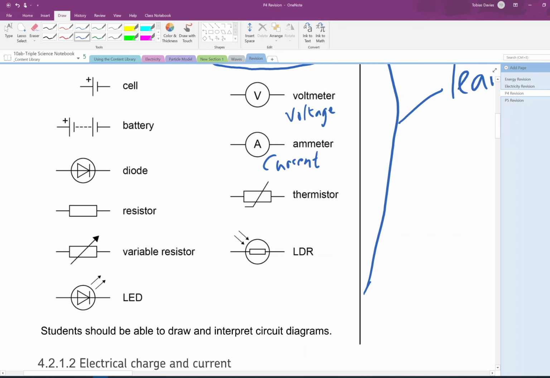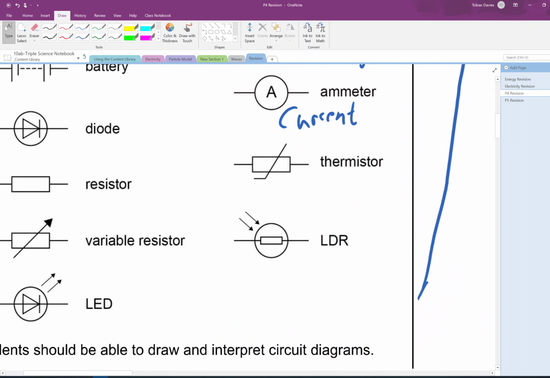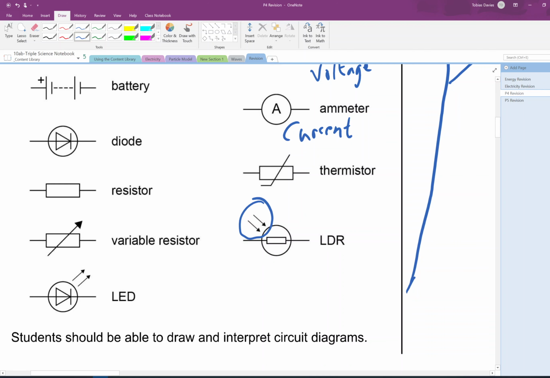The light-dependent resistor, these little arrows coming in represent light, and when you know that, then light-dependent resistor makes sense. And then when you look at the direction of these, the light is being given off, and so it distinguishes an LED from a normal diode.